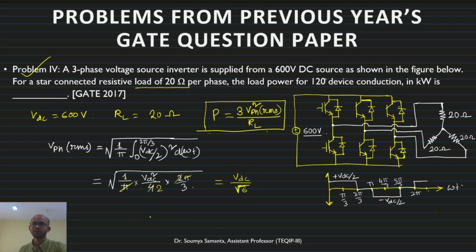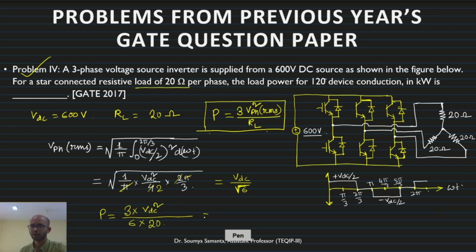This is V phase RMS. Now RL is available, V phase RMS we have found out, so we can directly put it here. So what will be the expression for total power P? This will be 3 into V phase RMS, that is VDC square by 6 into RL, where RL is 20.